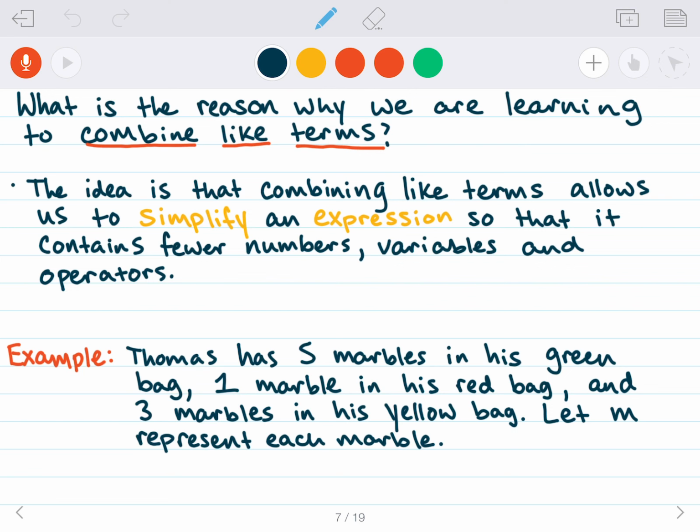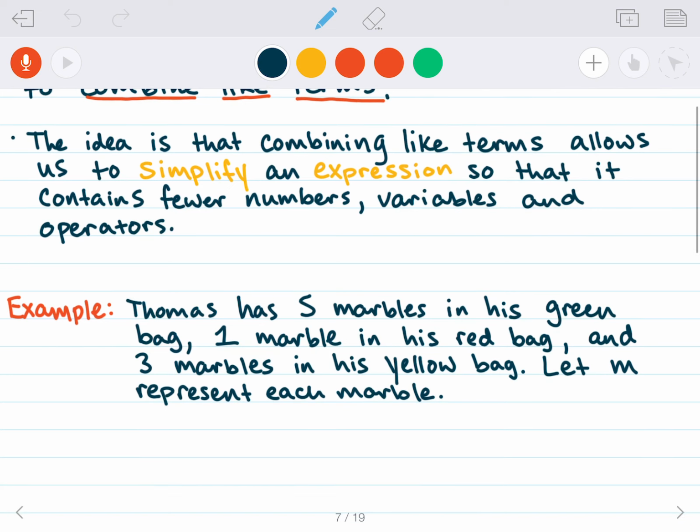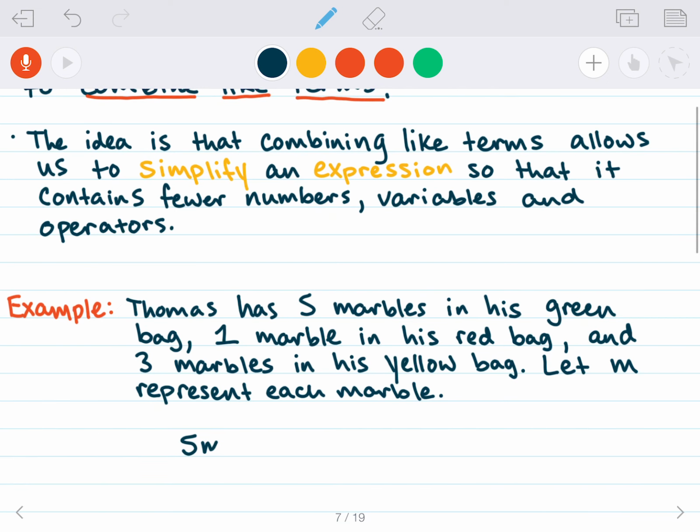So for this example, it says Thomas has 5 marbles in his green bag, 1 marble in his red bag, and 3 marbles in his yellow bag. Let M represent each marble. Well, if we let M represent each marble, he has 5 M's in the green bag, plus 1 M in the red bag, plus 3 M's in the yellow bag.